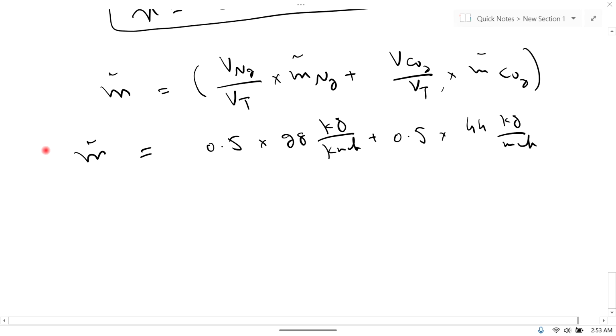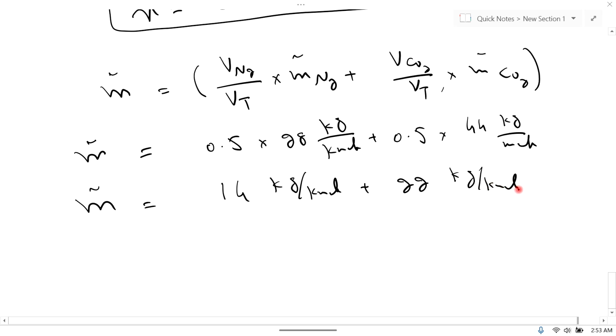So 0.5 multiplied by 28 is 14 kilogram per kilomole, plus 0.5 multiplied by 44 is 22 kilogram per kilomole. So the molar mass is 14 plus 22, which is 36 kilogram per kilomole.